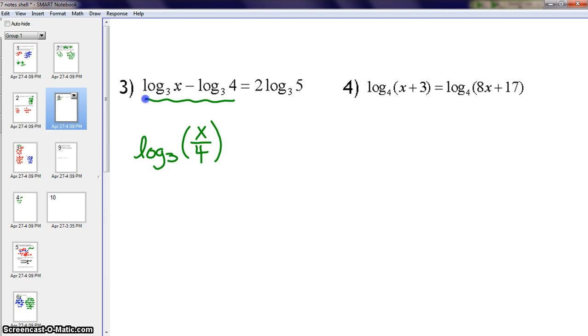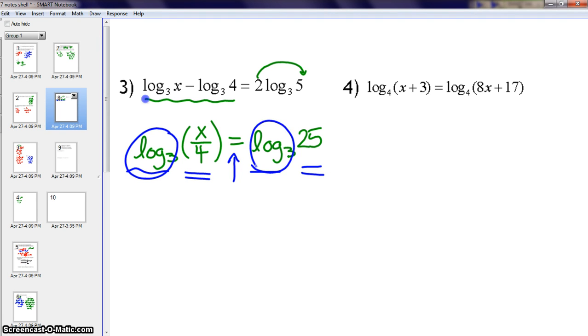And over here, we're going to use the reverse of that, the exponent down in front can come up and I'd have 5 to the second, which is 25. Now this is fantastic because now I do have the form that I was just discussing. Log of something equals log of something, okay? These logs have the same base, and I can say, well, this argument has to equal the argument on the other side, and therefore x is 100.